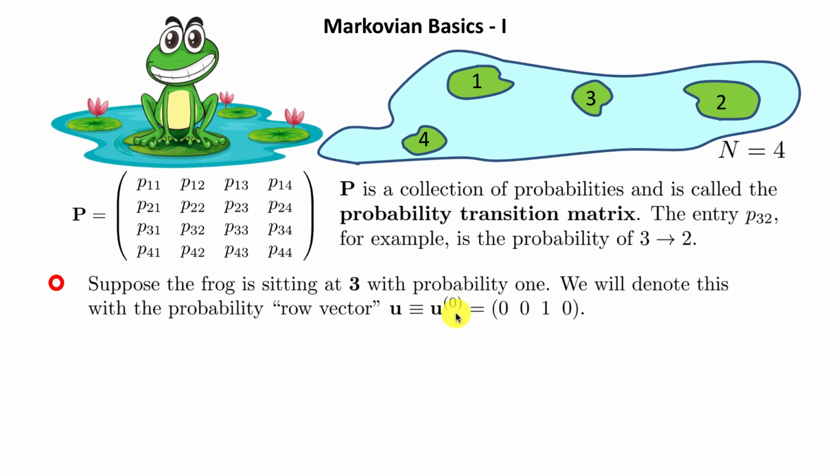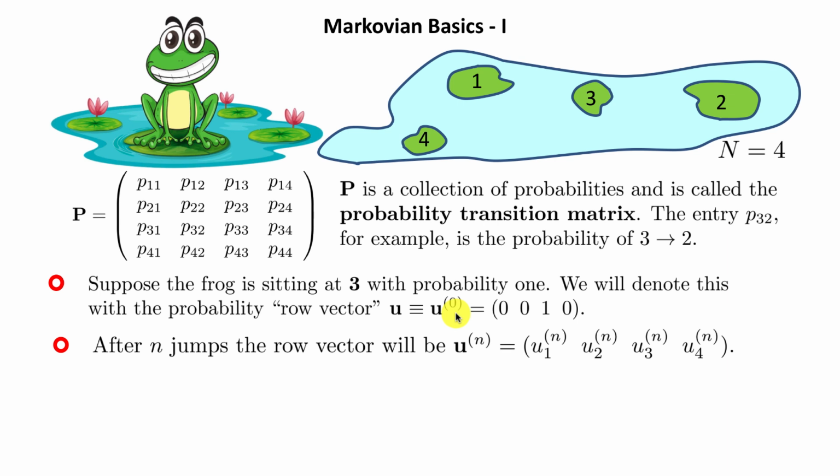Then the frog starts jumping, and after jumping n times, this U of 0 will become U of n. This row vector will then have entries U1n, U2n, U3n, U4n. And of course, if this was not 4, it was 40, then instead of just 4 over here, we'll have U5, U6, all the way up till U40.